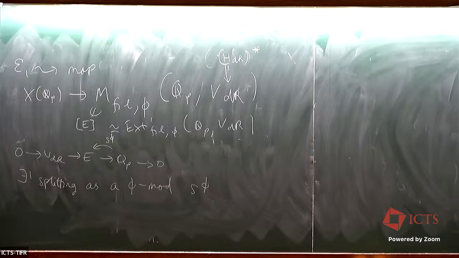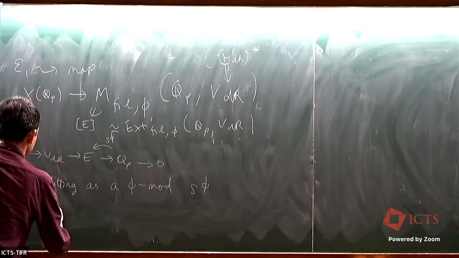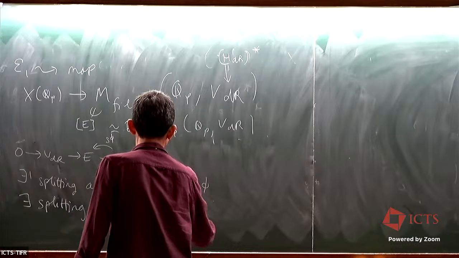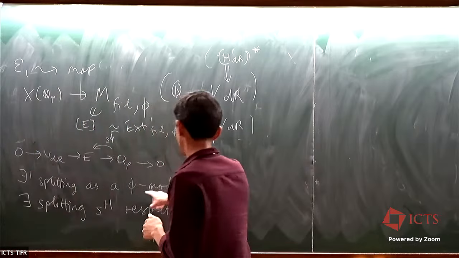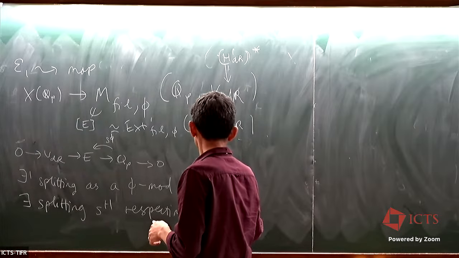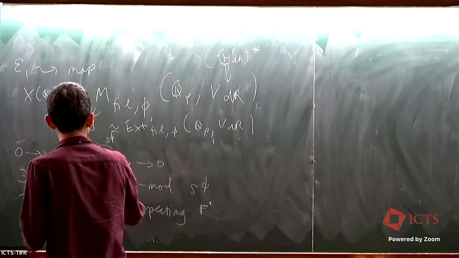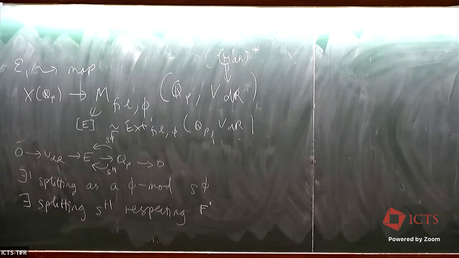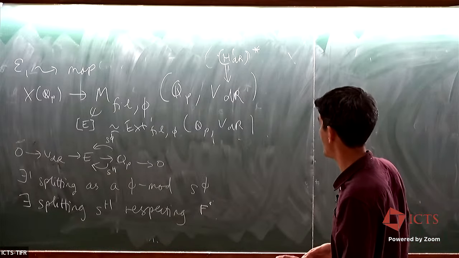On the other hand, we could choose a splitting which respects the Hodge filtration. Every filtration on a Qp vector space can be trivialized, so you get a graded vector space just by choosing a basis. Call this splitting SH, respecting the filtration.